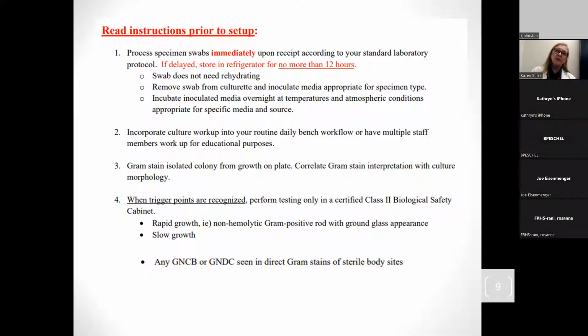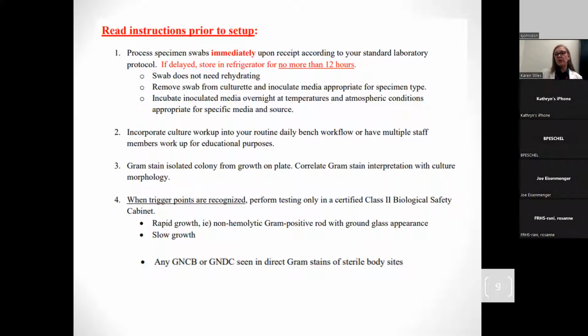Unlike the LPX, when you get an LPX test or proficiency exercise, you literally get a lyophilized organism and you have to subculture it twice, which in the real lab setting is not what you would do on the bench.